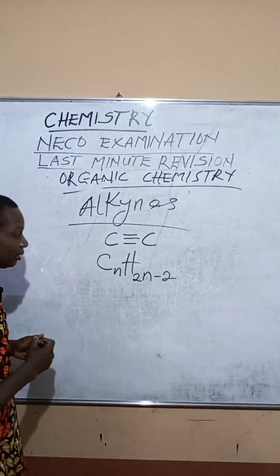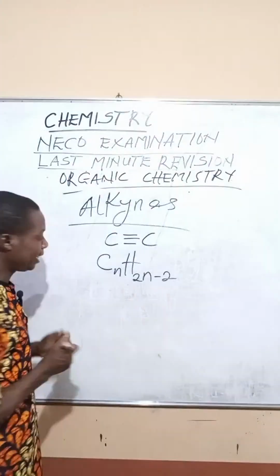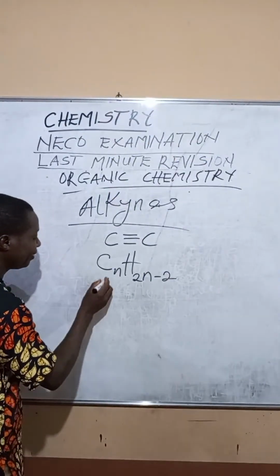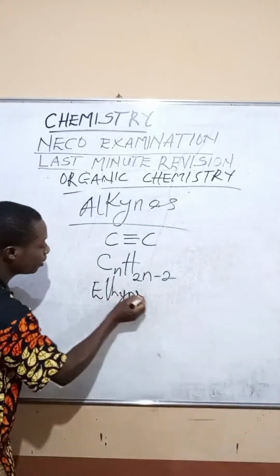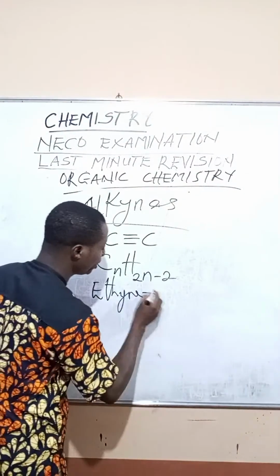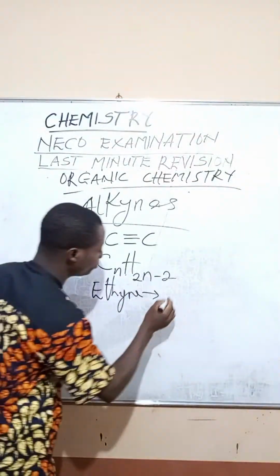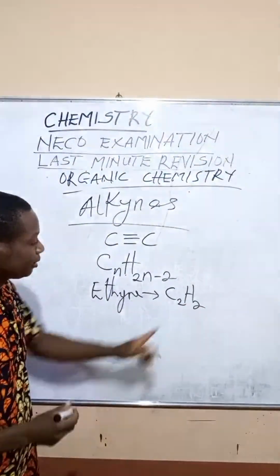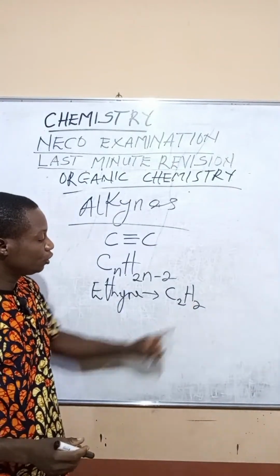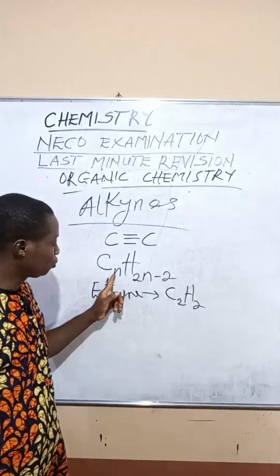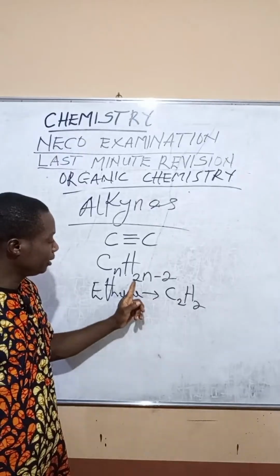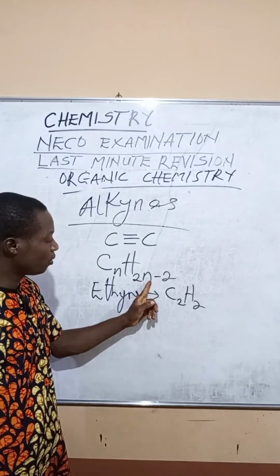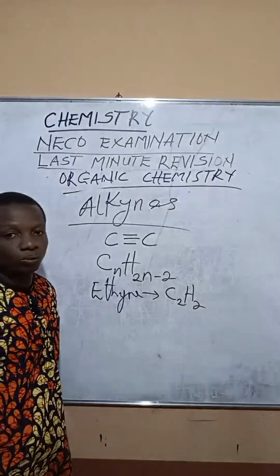So for the first one, ethyne is the first alkyne. So what do we have? We have C2H2, because this is C2, then 2 times 2 is 4, then minus 2 is 2.